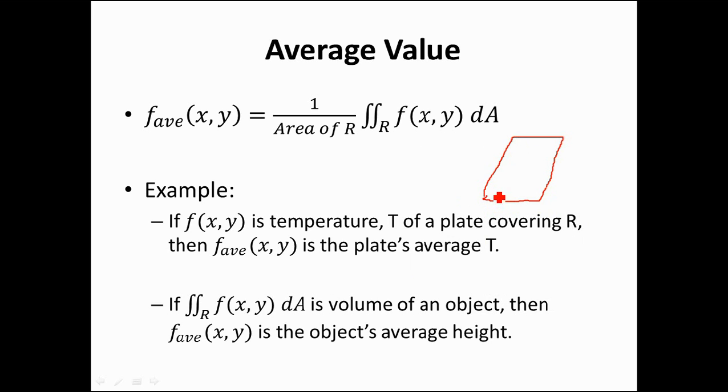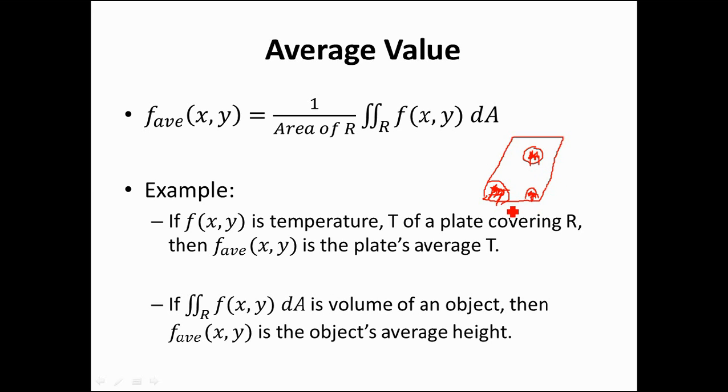Let's say that this plate is made of different materials, like you put it in the oven and take it out, and each part of it has a different temperature. So let's say this region here is hotter, and this region here is hotter, and this region here is hotter.